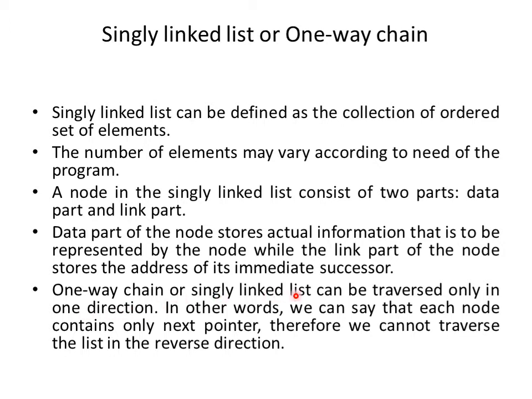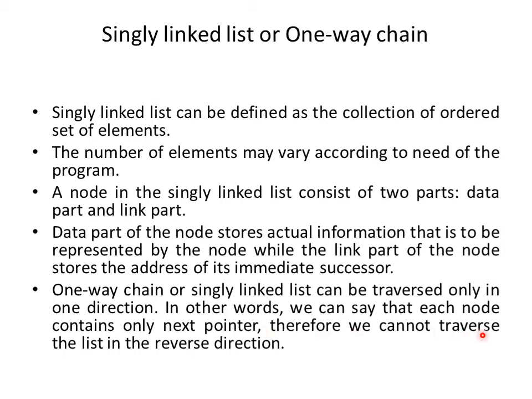A one-way chain or single linked list can be traversed only in one direction, that is, from front to rear. In other words, each node contains only a next pointer.